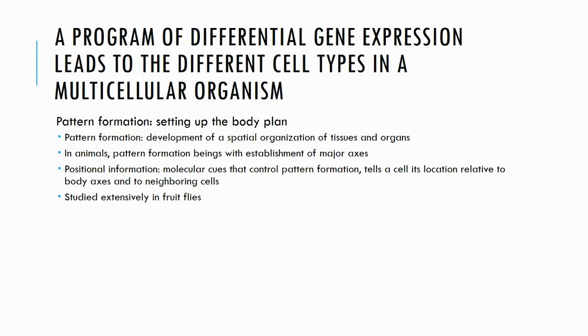And scientists have studied this extensively in fruit flies, which we just can't seem to get away from. But that's kind of where we figured out a lot of stuff about humans and other organisms. Fruit flies are a model organism, so we study them and then figure out how that relates to us as humans.